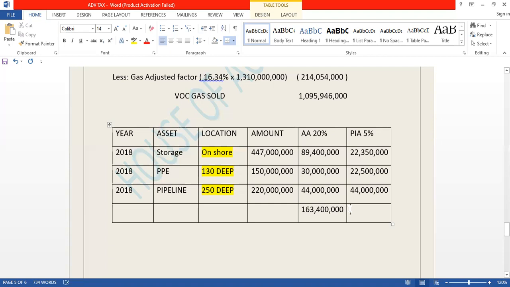So for the other one, I have 22,350 plus 22,500 plus 44,000. I'm having 888 here. So it will be 1,000 here.